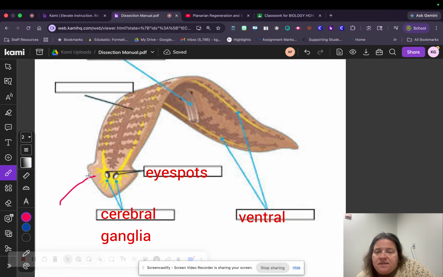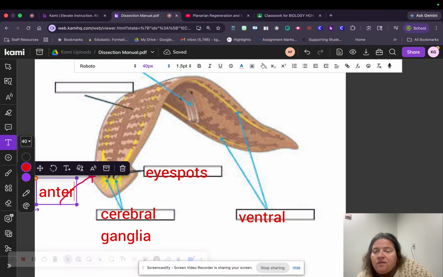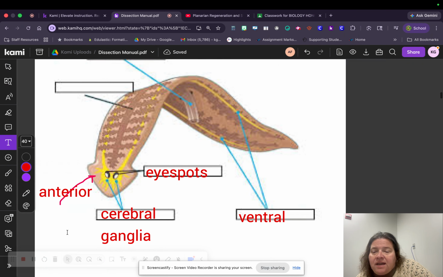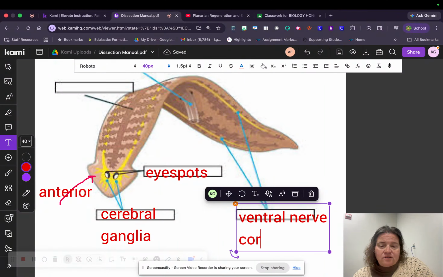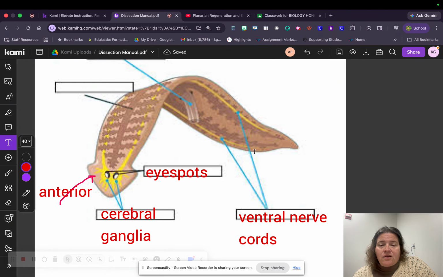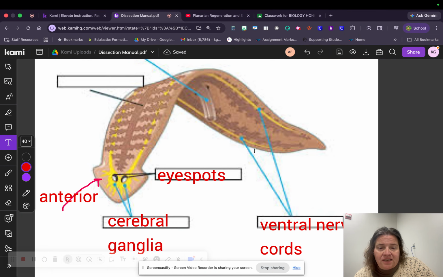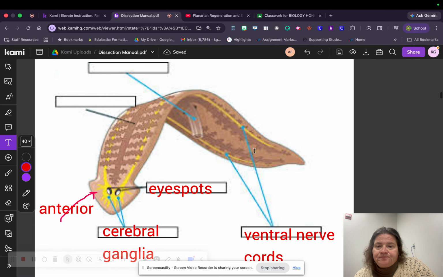So this is what we would call the anterior of the animal. So add that to your diagram. And the belly side of the organism is called the ventral side. So like on your body, this is our ventral side. And then our dorsal is on our back. So ventral, these are nerve cords. All right, so that's their very simple, but first time we're seeing a centralized nervous system.